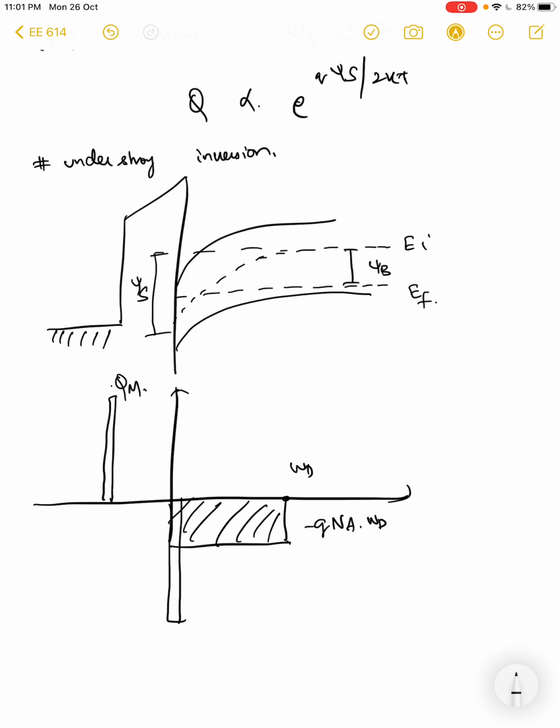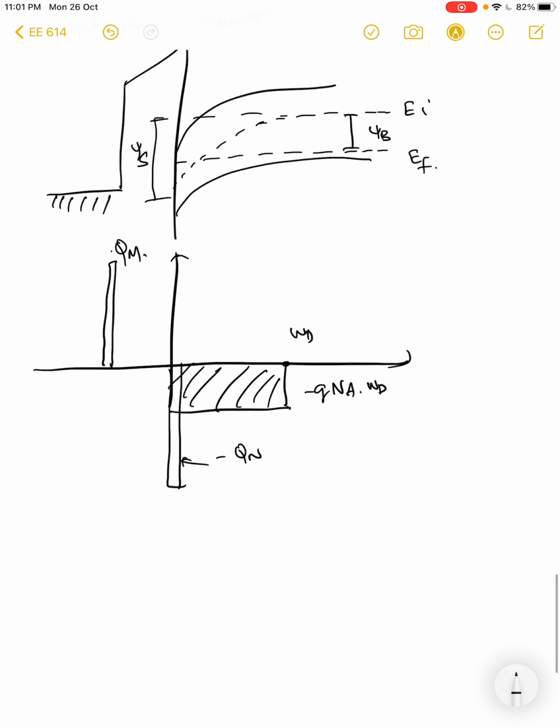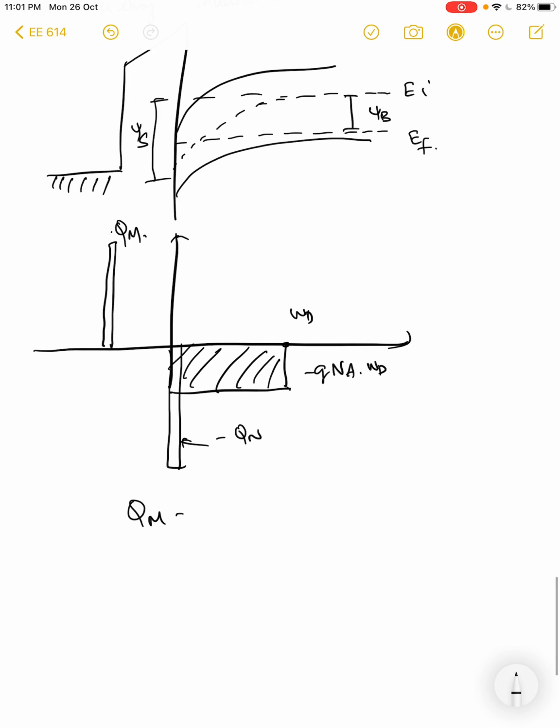Na is the acceptor doping density, right? And this is, let's say, minus Qn. And it's easy to see that because of charge neutrality, Qm should be equal to minus of Qn plus Q Na WD, which I write together as minus Qs. So this is the total charge in the semiconductor side, right?